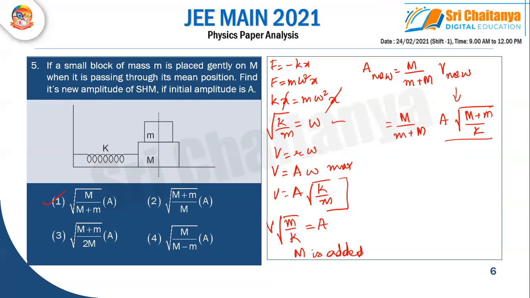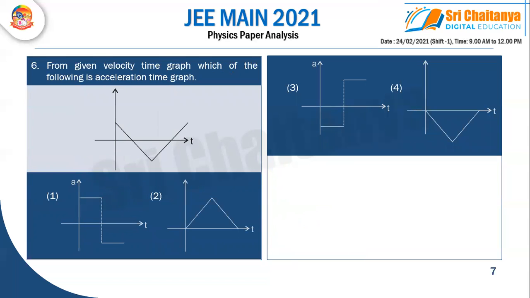We are going on to the next problem, please. From the given velocity-time graph, which of the following is the acceleration-time graph? Now I'll be concentrating on this particular part. This is velocity on the y-axis and this is time on the x-axis. So I go for y equals mx plus c, and it has a negative slope.